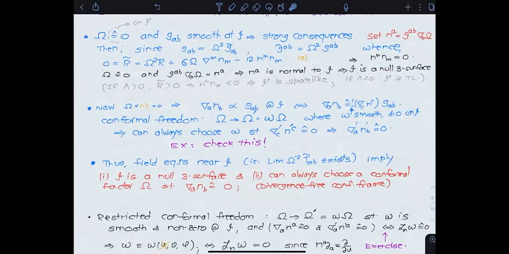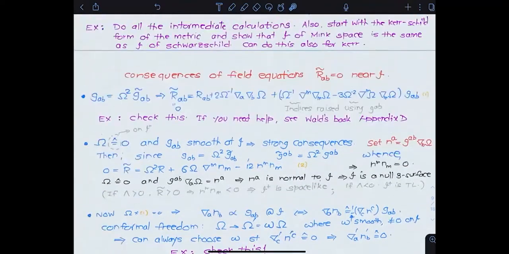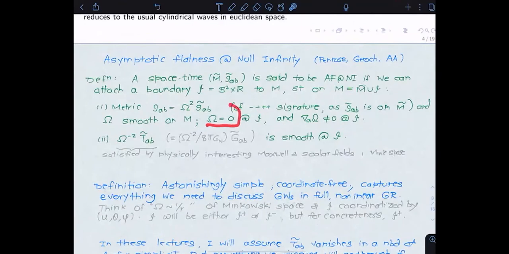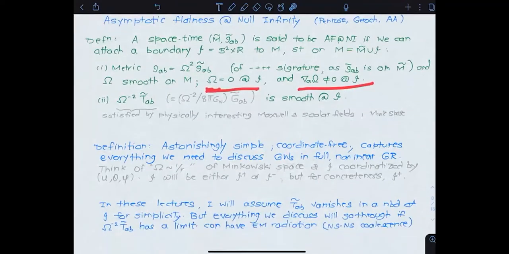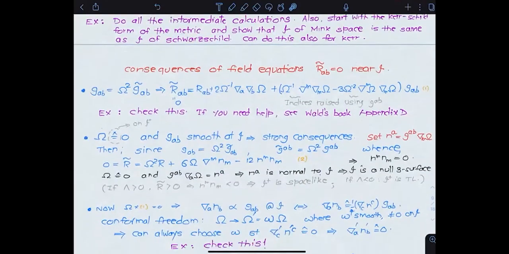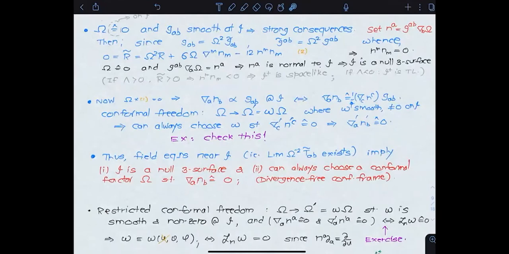Now, however, we still have a freedom. You see, when we did this conformal completion, omega was not God-given. We say that space-time is asymptotically flat if there exists an omega such that this is 0 and this is not equal to 0. But if there exists one omega, then what I can do is a rescaling. I can multiply this omega by a little omega, and therefore I get a new conformal factor.